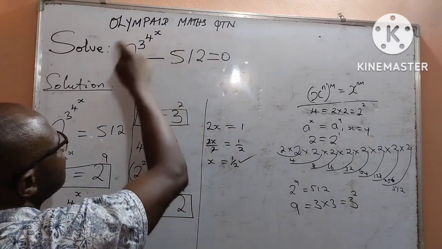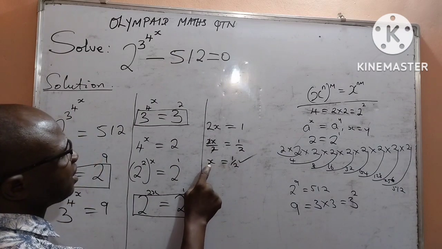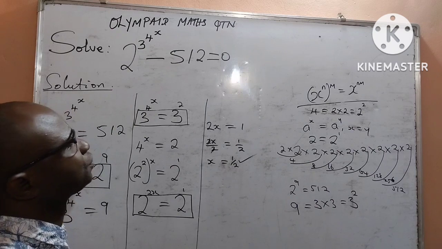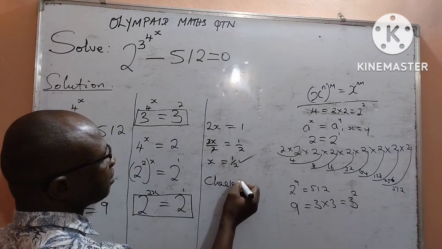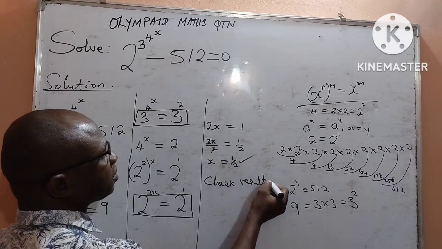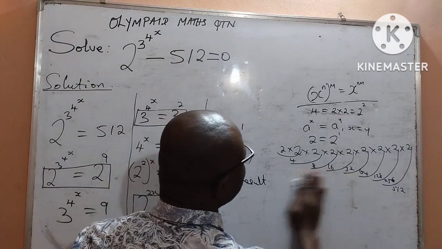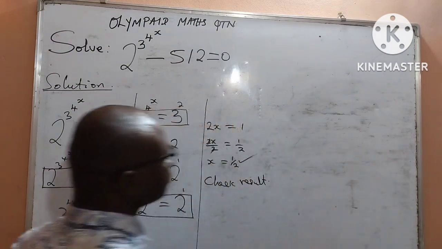After solving the left-hand side, we are expected to get 0, hence x is equal to 1 over 2. So we check the result. Doing that, anywhere I see x, I am now going to put 1 over 2.